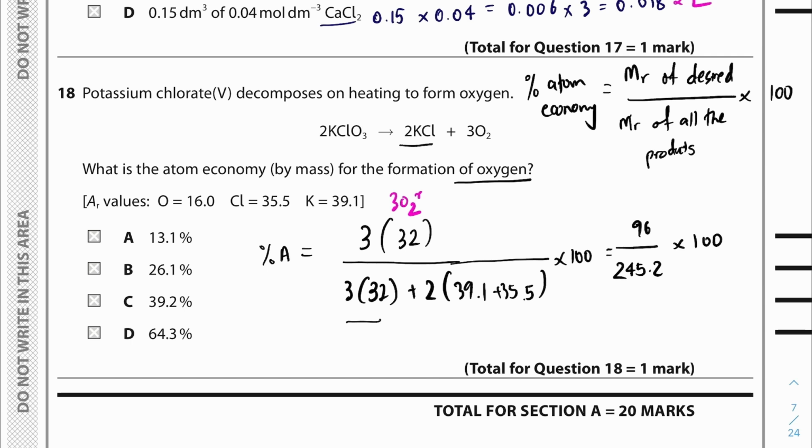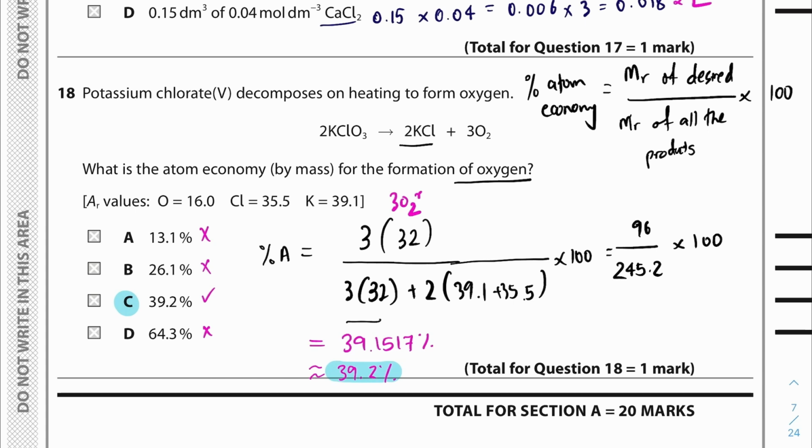And this gives us 39.1517%. It carries on with more decimal places, but we're only interested in one decimal place, so that rounds to 39.2%, which is also an answer here. You can see that it's not A, it's not B, it's C, and it's not D. So the answer is C.